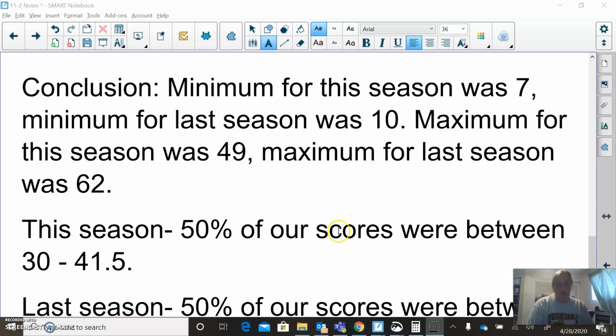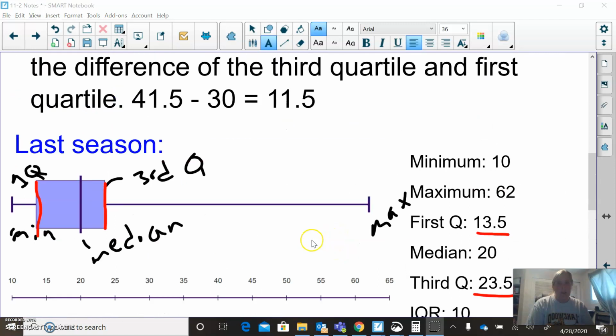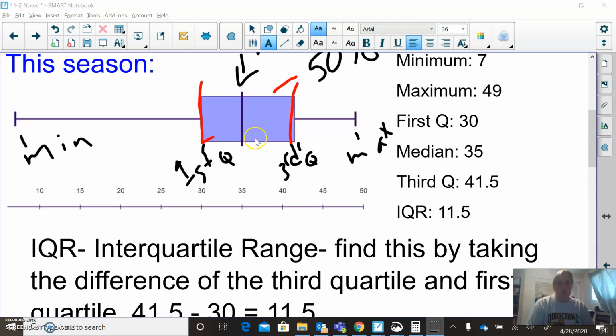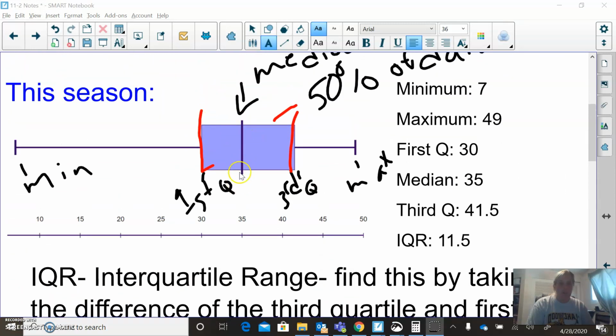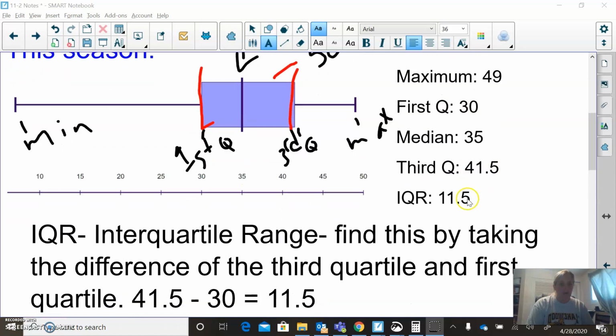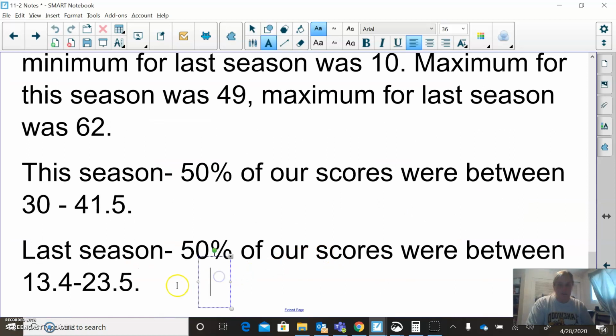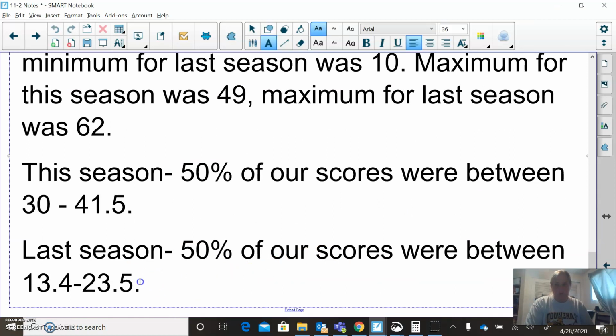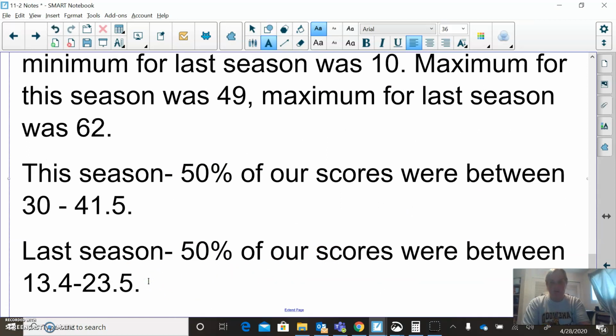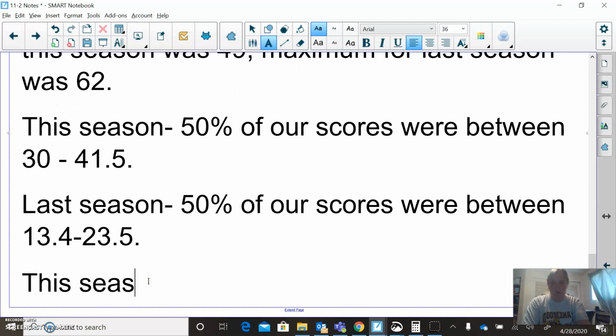Awesome. Okay. We also need to look at our median. So for this season, our median was at 35. So that means for this season, 50%, right? Because our median is the halfway point.